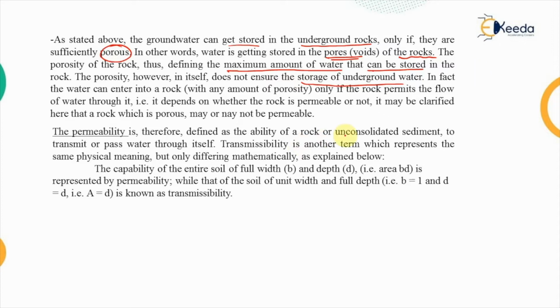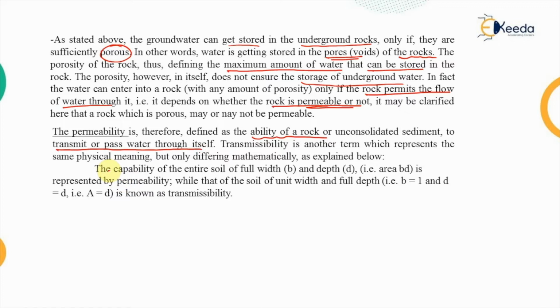But if the rock is permitting the flow of water through it, that depends on whether the rock is permeable or not. This permeability therefore is defined as the ability of a rock or the unconsolidated sediment to transmit or pass the water through itself.